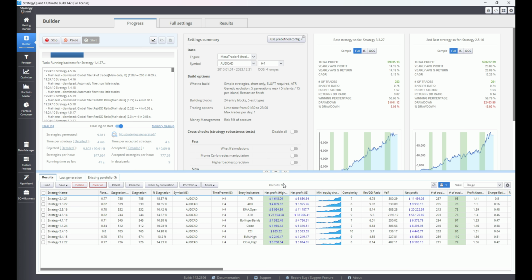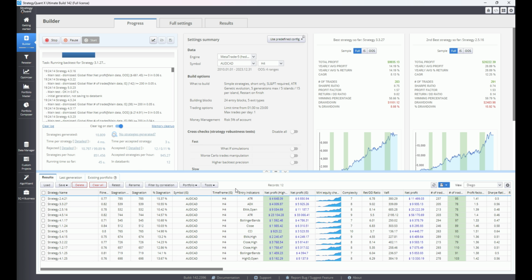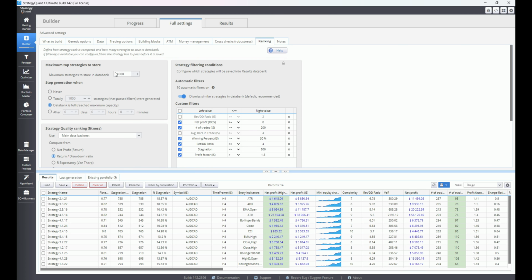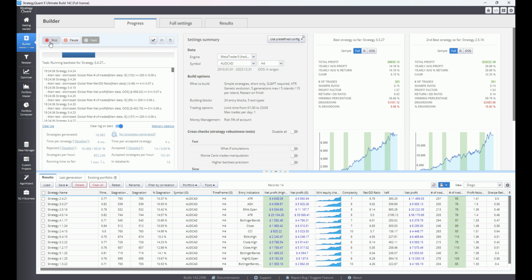You see here, we have 9, 10, 11, 12 strategies. I'm gonna stop this. Normally, if you see my configuration in ranking, I set it as 1000. When it's 1000, this stops. But in this case, I'm gonna stop because we don't have so much time.